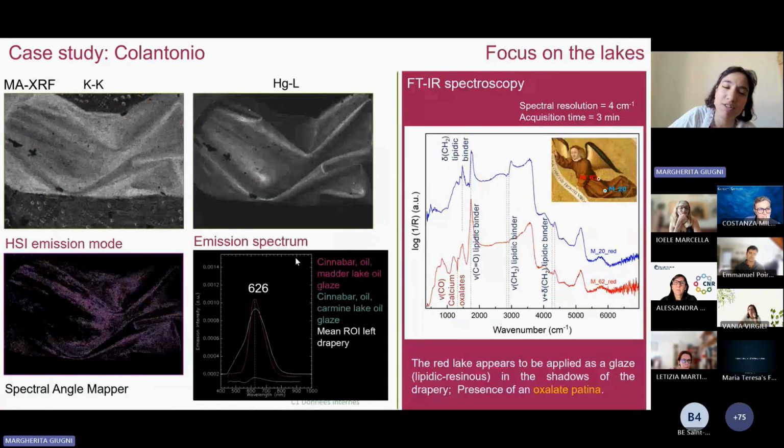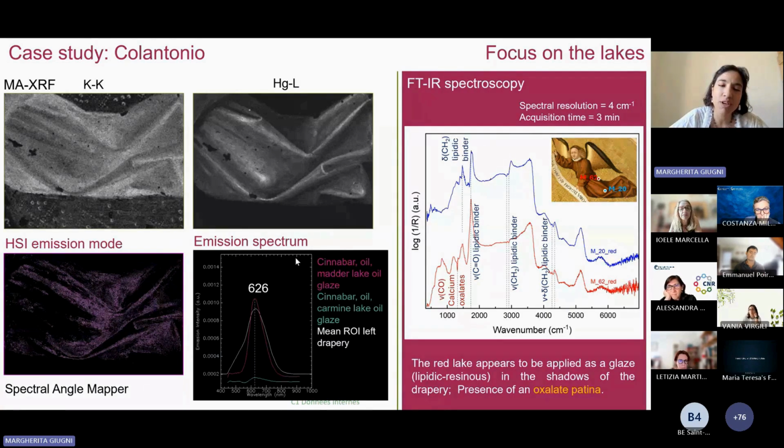Focusing on the characterization of glazes, by combining elemental mapping through macro XRF, molecular mapping through hyperspectral imaging in emission mode, and FTIR spectroscopy, we investigated both the distribution and the binding media of the glaze in the shadows of this drapery of the angel.